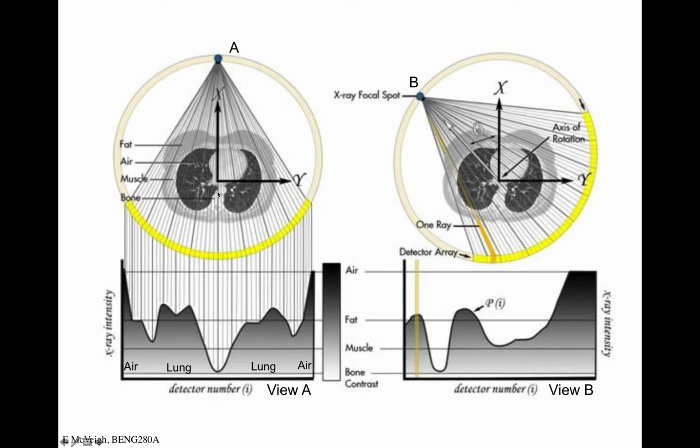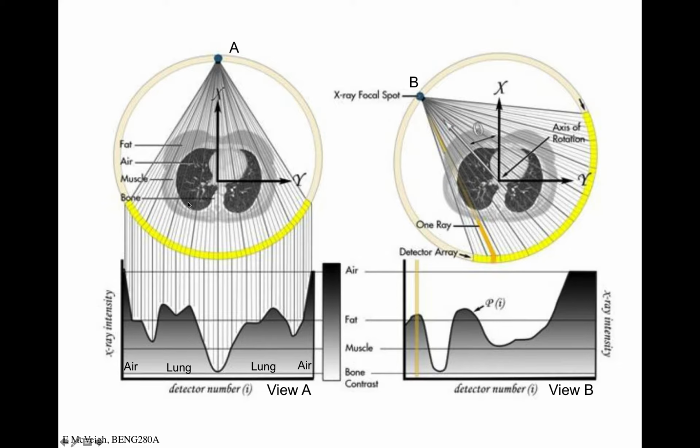There's a high probability that those X-rays are going to get absorbed, and you get a very low X-ray intensity measurement. For this angle, for this projection, and over these detectors, we're going to see a low measurement.